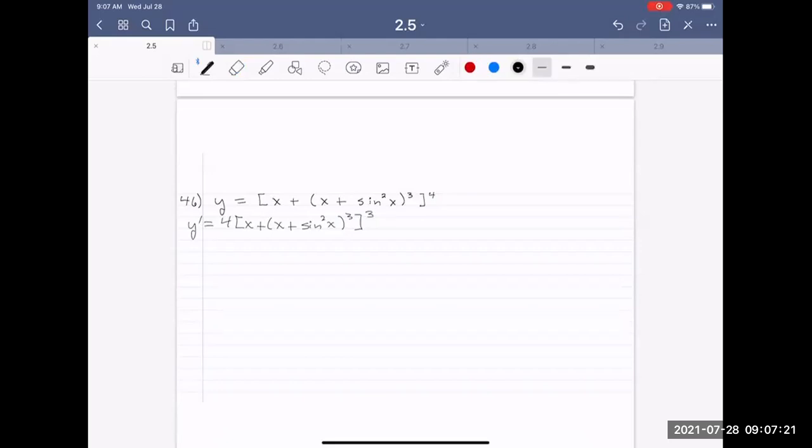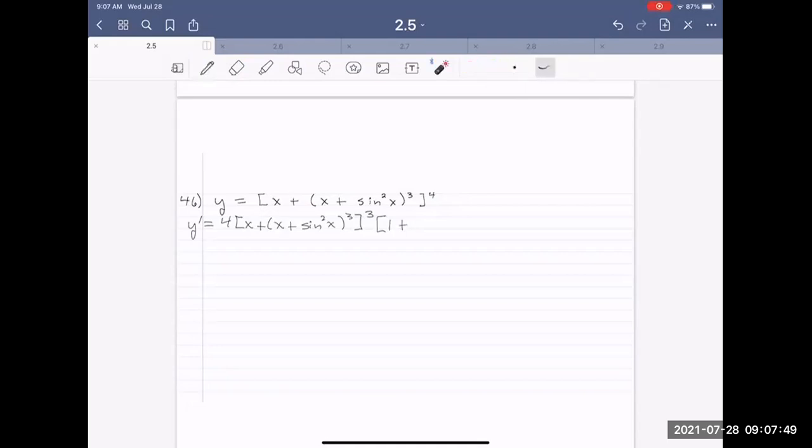So that's the derivative of the outer function. Bring the exponent out in front. Rewrite what's inside, all to the power of 1 less. Times the derivative of what's inside. So now let's take the derivative of what's inside. So derivative of x is 1 plus.